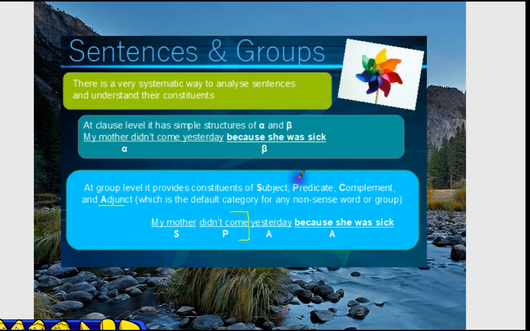So yesterday, because she was sick, is kind of extra information. That's an adjunct. It's adverbial information. Talking about the time. We're giving reason here. So adjuncts normally give extra information, and we can take them out of a sentence, and the main sentence still makes sense. That's an adjunct, something extra. Okay?